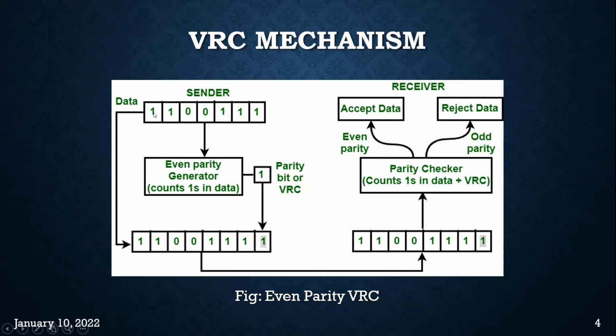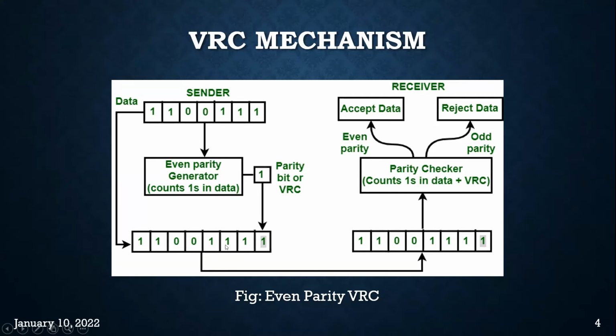Here we can see the number of ones is odd, so the parity generator will append a parity bit 1 to this data unit, and as a result the number of ones in the data unit will be even.